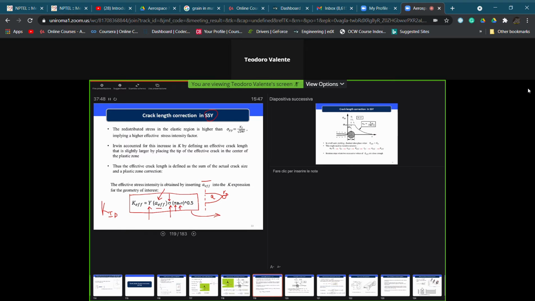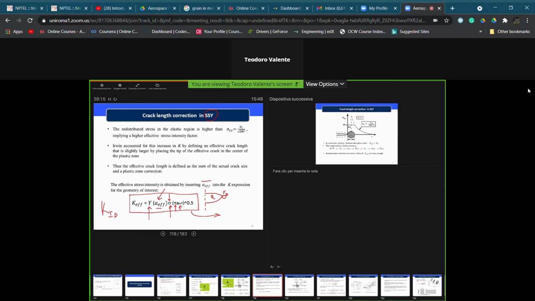And again, by knowing the critical value of the stress intensity factor, we can compare K1P or K_eff with the critical value of K1 and say that if K1P is higher or at least equal to the critical value, the crack is unstable. If it is lower, the crack is stable.